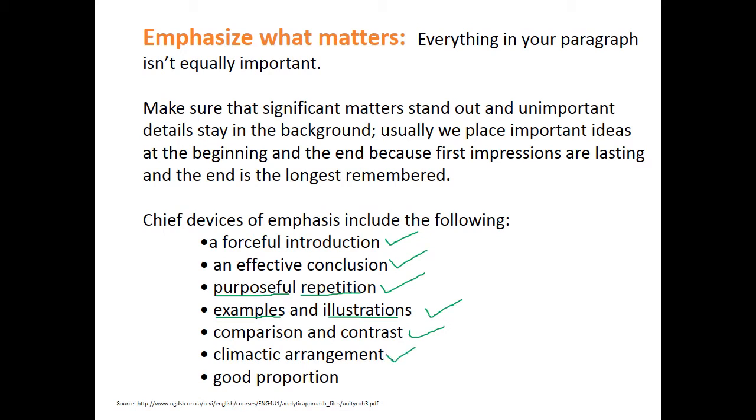And then good proportion. Sometimes I see a paragraph that's just 1 or 2 sentences long, and then the next one will be at least 10 sentences. And there's not good proportion in those points. The main points need to be balanced.